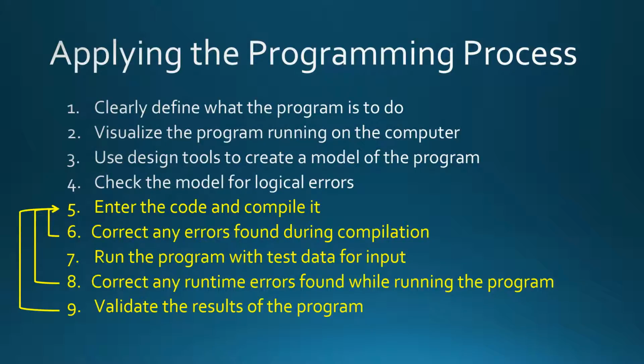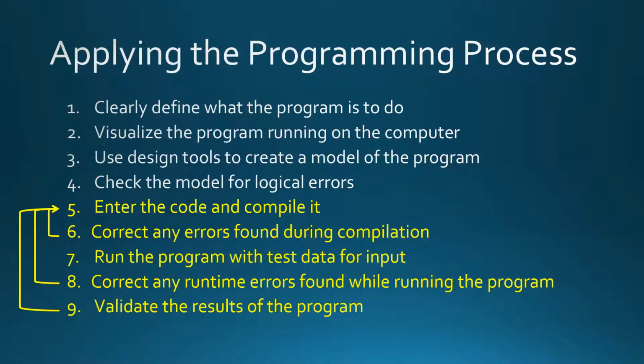I would note there that several of these steps are going to be repeated. Right? We mentioned that 5 and 6 are repeated, possibly for each line of code we enter, to make sure that we have no syntax errors. 5 through 8 might be repeated when our program terminates abnormally or doesn't generate all the output we expect.